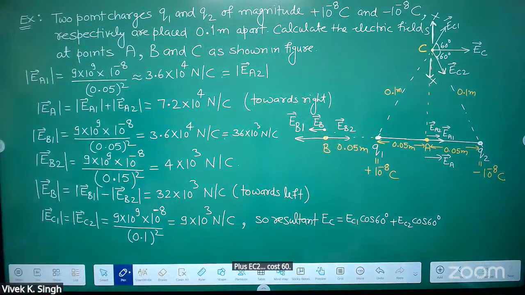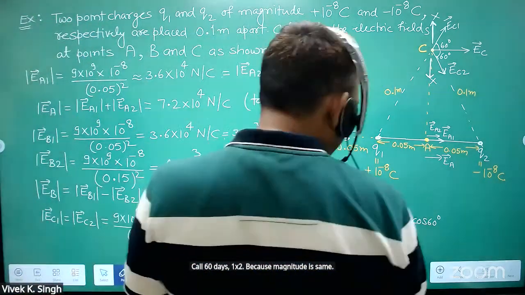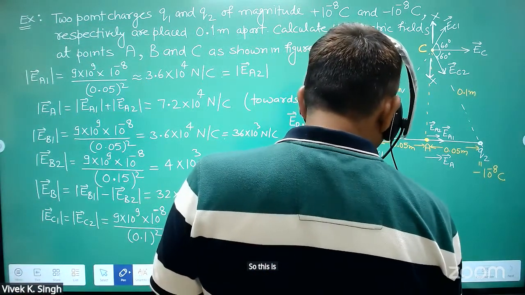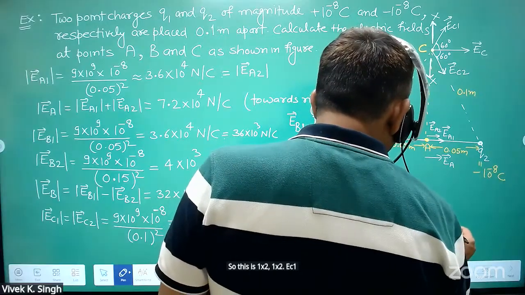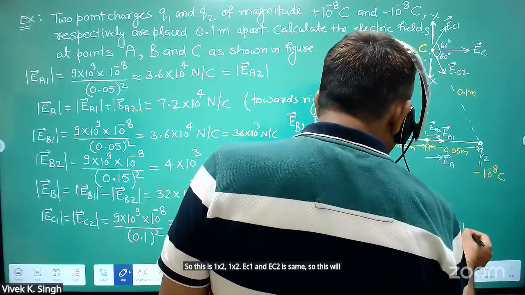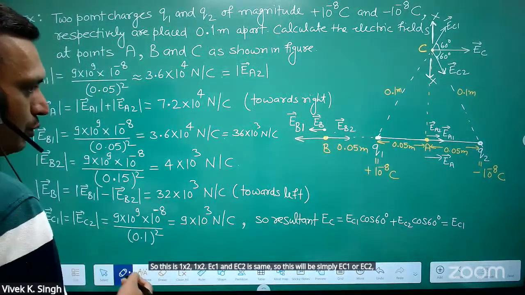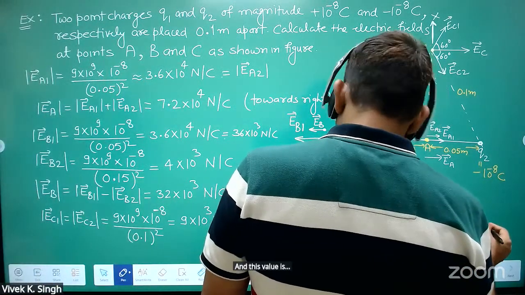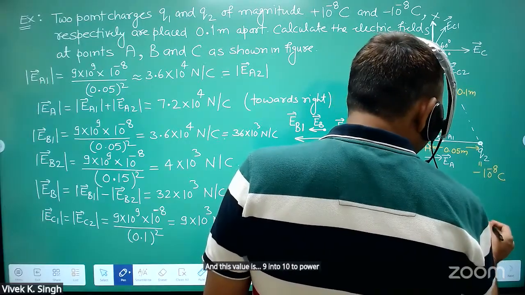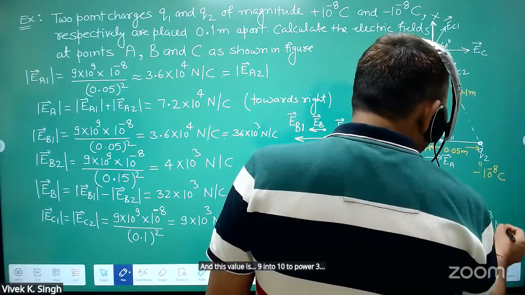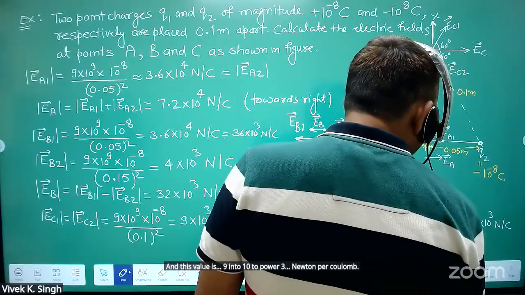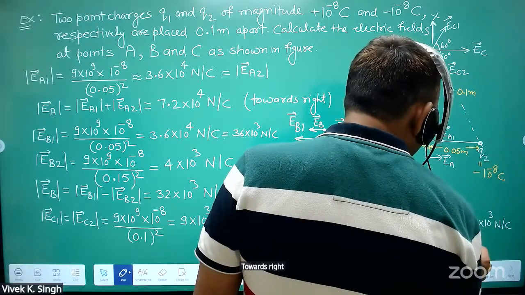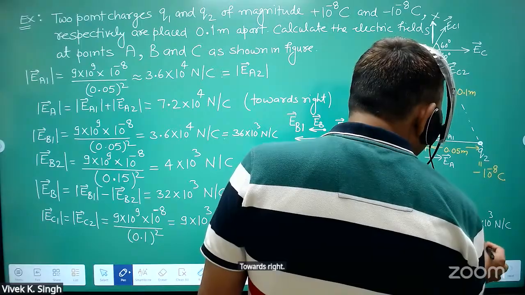Cos 60 is 1 by 2 and the magnitude is the same. So this will be simply EC1 or EC2, and this value is 9 into 10 to power 3 Newton per Coulomb towards right.